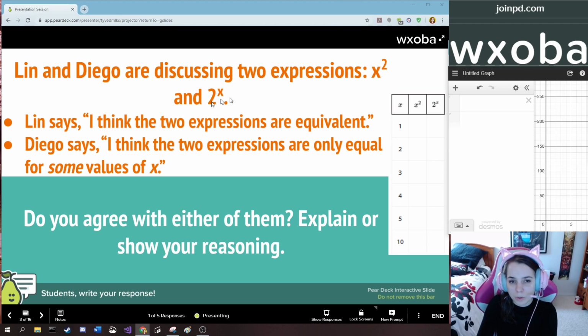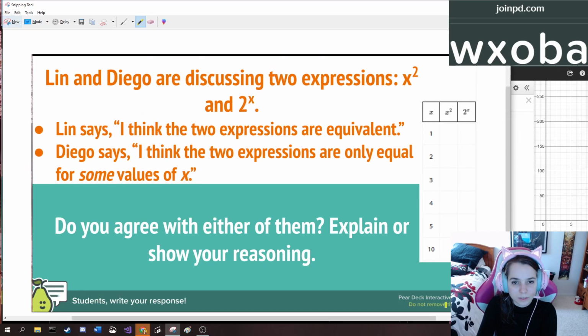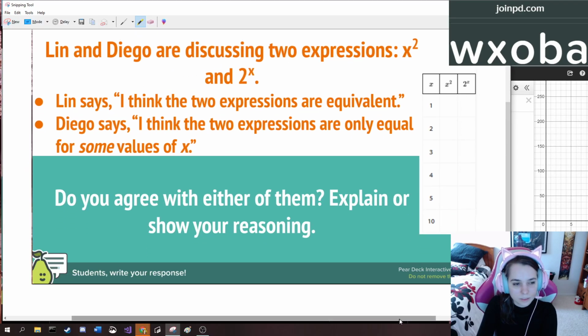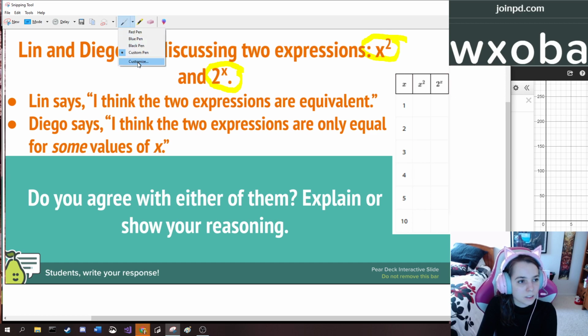Are these two equal expressions? So our main question: are these equal?